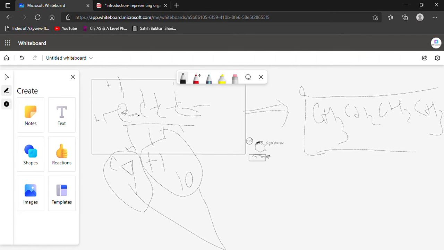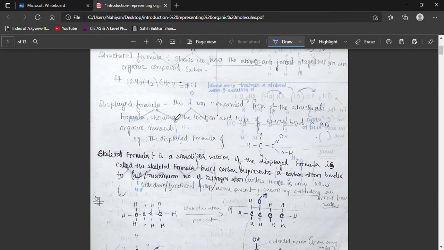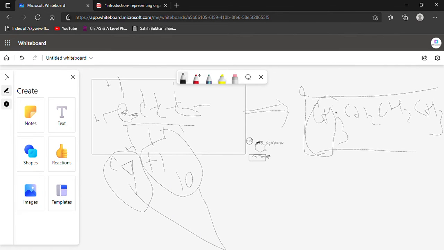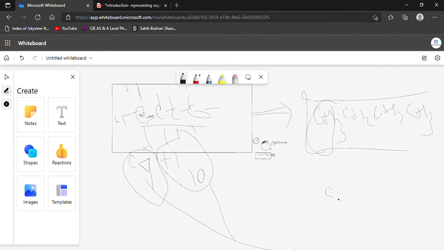You can see the bonds, you can see everything actually, and the definition goes like it is an expanded form of the structural formula, right? First we have CH3. Expanding it, we can write C with H3 Hs. So that is a more in-depth look into the structural formula.